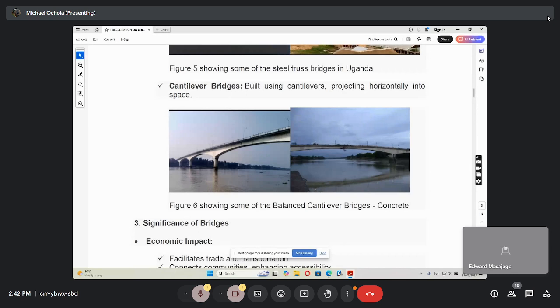So the deck system comprises asphalt, concrete, walkways, safety guardrails, and either the beam system or arch system, either of the two. So that is the deck system, which is horizontal. Then the pier supports, the support system, are vertical. We call it the substructure support system. That's how they call it.